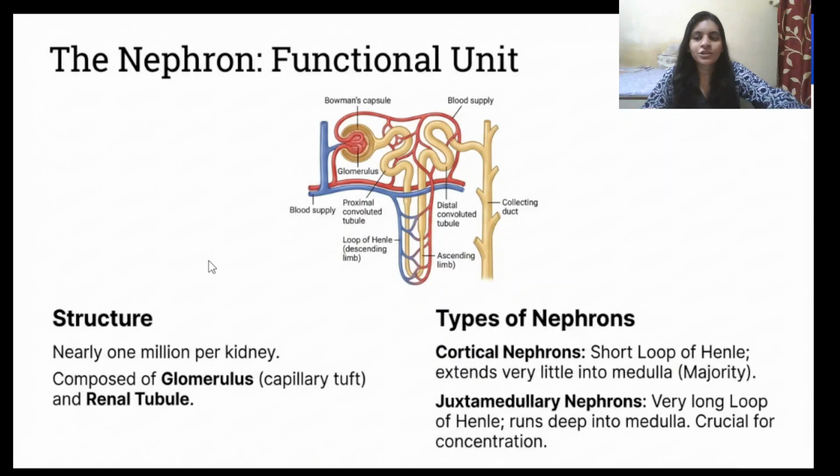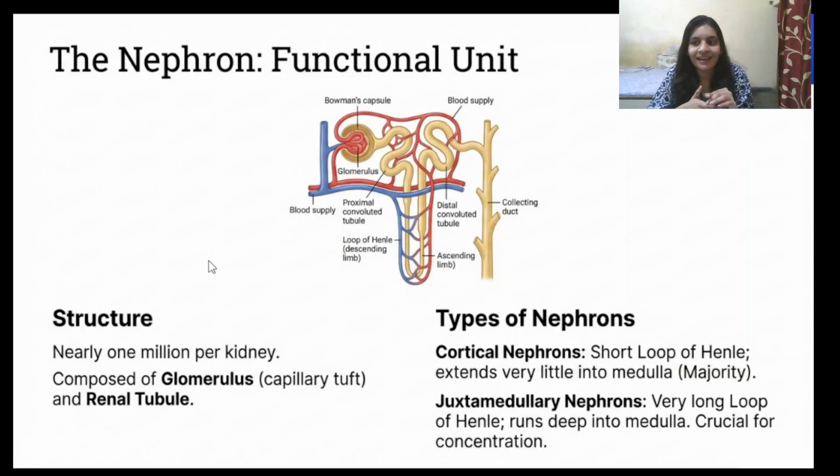Very good. So, now let's talk about the most basic, the smallest functional unit which your entire kidney is made up of. That is the nephron. Do you know, guys, the nephron is said to be the most evolutionarily advanced unit of your body. So, what is the structure of the nephron? Well, firstly, you should know there are nearly 1 million nephrons per kidney.